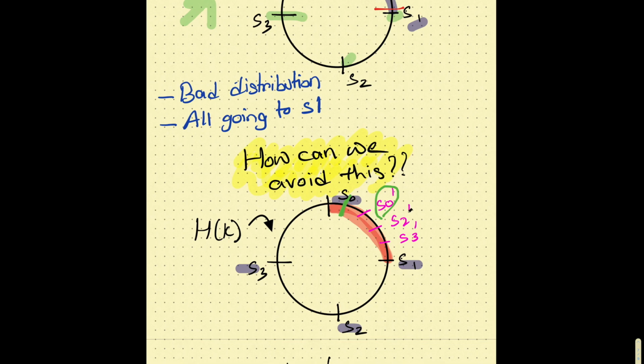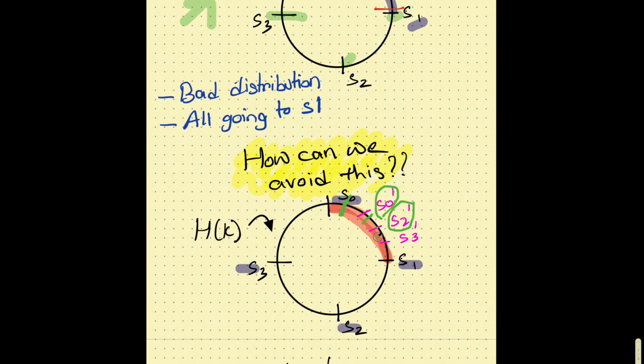Similarly for S2 prime, let's say a request comes in over here. We go clockwise and we hit S2 prime. S2 prime is just a logical representation of S2, so if we hit this part, we store the data in S2.